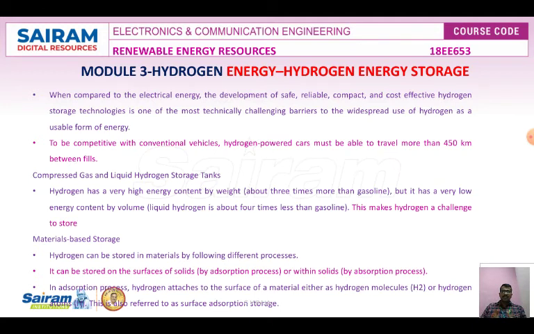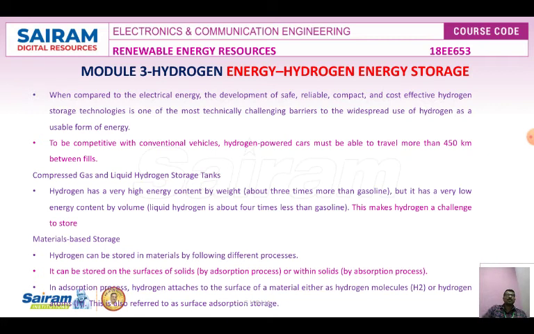Absorption means hydrogen molecules dissociate into hydrogen atoms that form a lattice network or framework. It is also called the hydride storage method, intermetallic hydride. It is a very important question that may be asked in the university. This method makes it possible to store large quantities of hydrogen in smaller volumes.